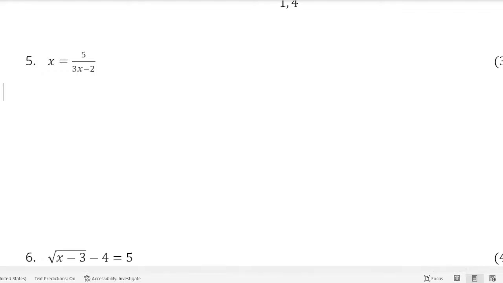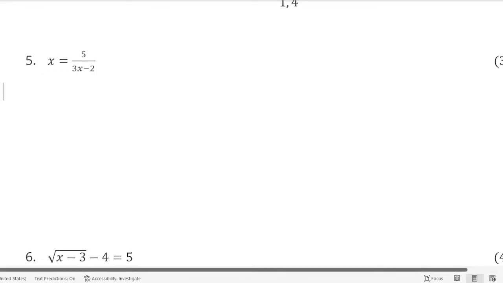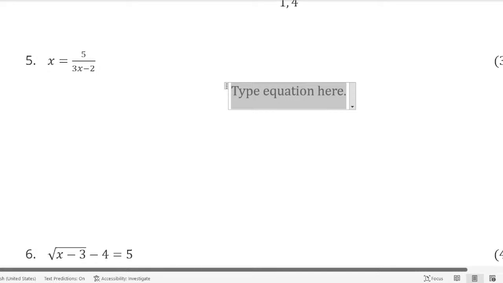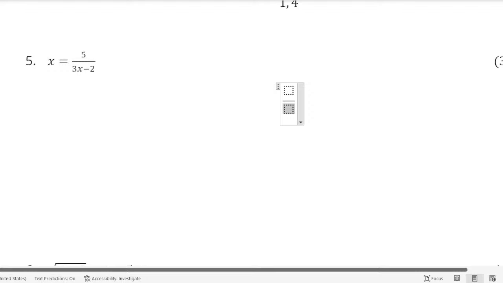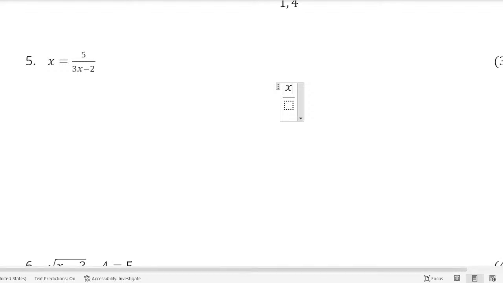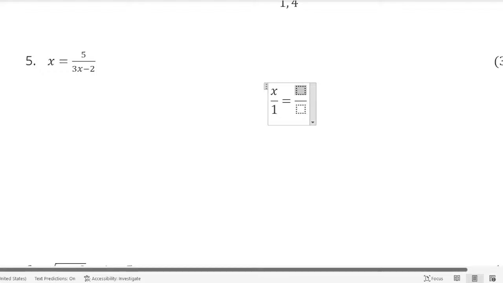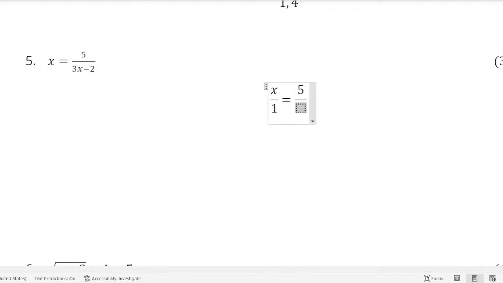So let me write in simple terms. Here we have x over 1. Any number in maths is over 1. It is equal to the fraction 5 over 3x minus 2.